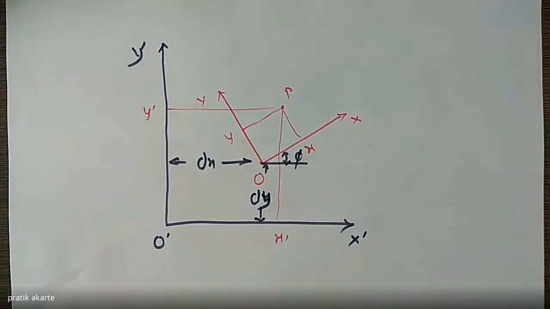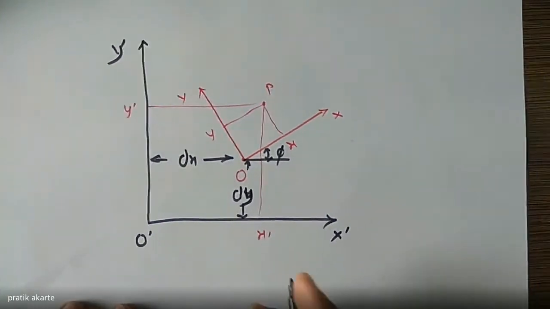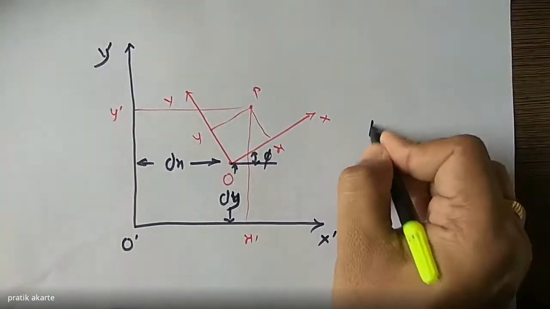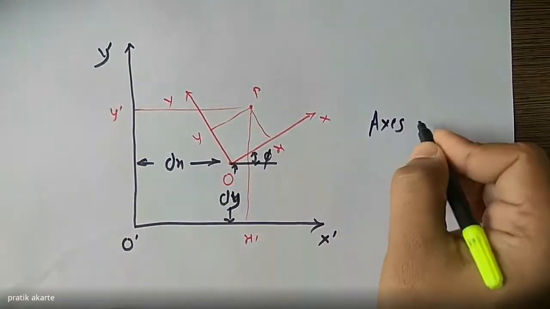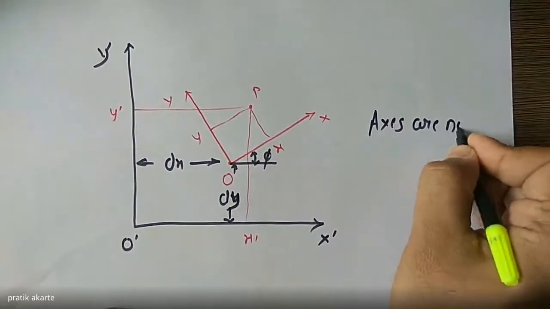So both the coordinate systems are not parallel. What we can conclude from this diagram is that the axes are not parallel.